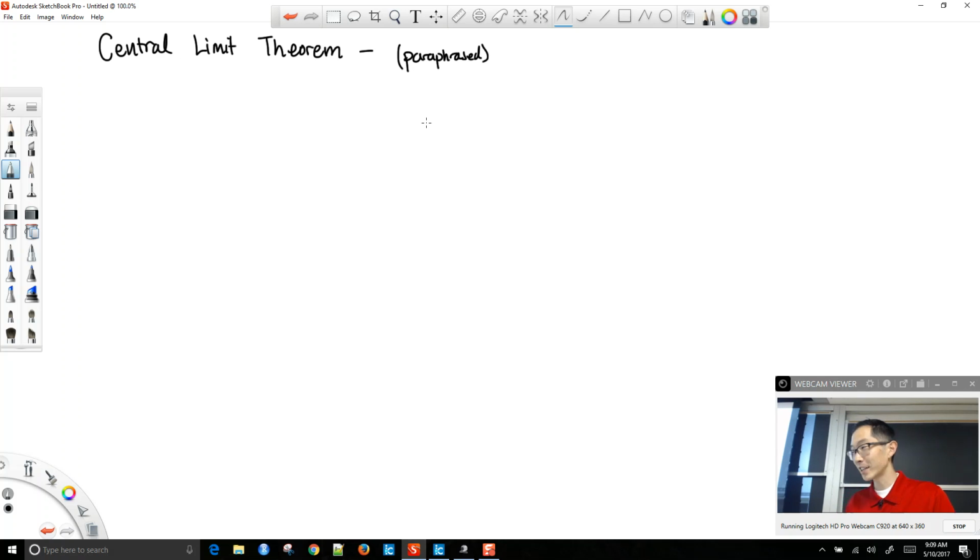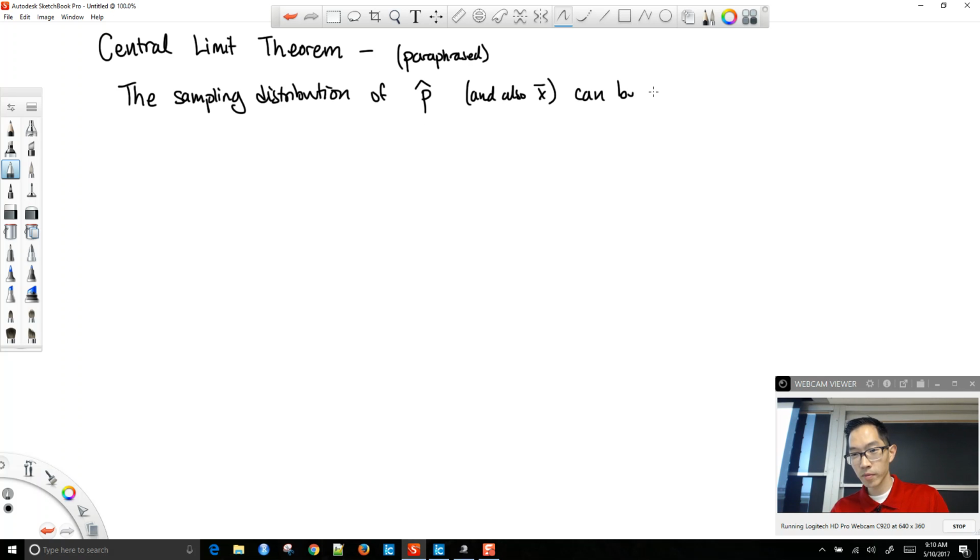The idea here is that the sampling distribution of p hat and also x bar can be approximated with a normal distribution, as long as certain conditions are met.